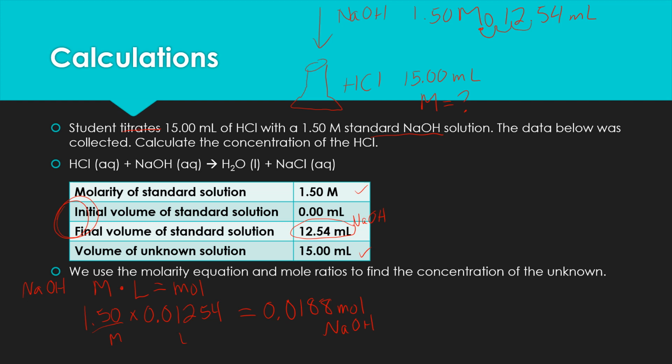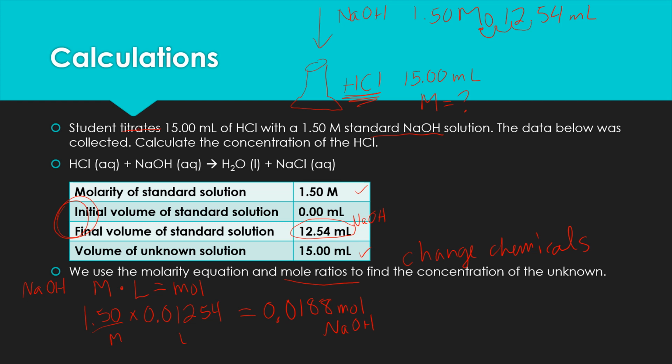Okay. It says we're using that molarity equation and a mole ratio. The job of our mole ratio is to change chemicals. This is a really important step here. We don't want NaOH, we want to know the molarity of HCl, of that unknown. So we have to do a mole ratio.